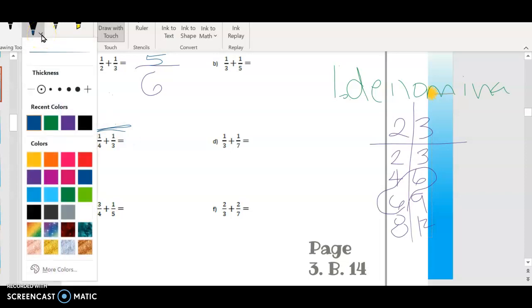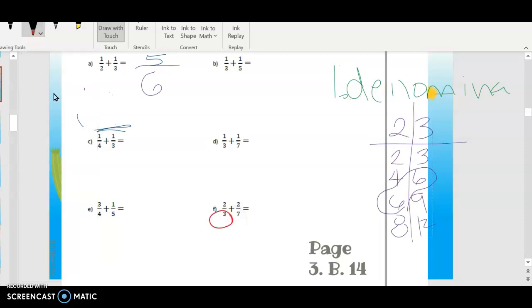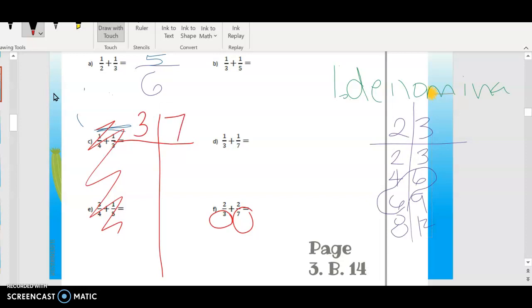All right, so I'm going to do this one in red. I'm going to make my pen a little bit bigger. Okay, so the first step is what? Look at the denominators. I have 3 and 7. So since I'm not using these right now, I'm just going to do my multiples right here, 3 and 7. And you can probably already guess what the common multiple is.